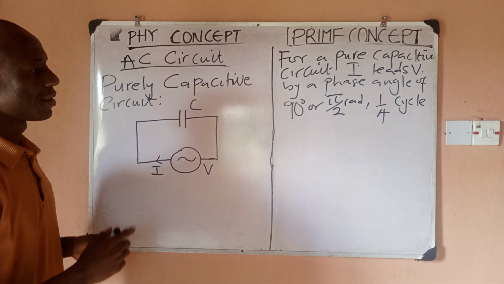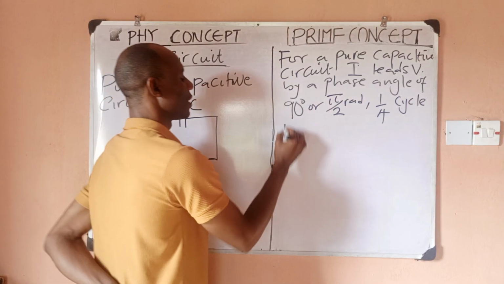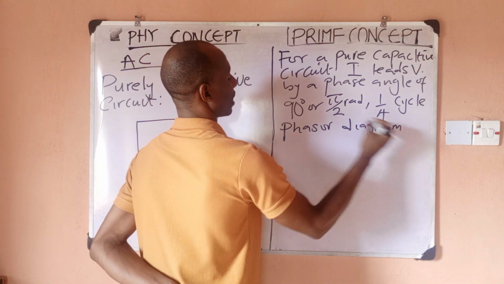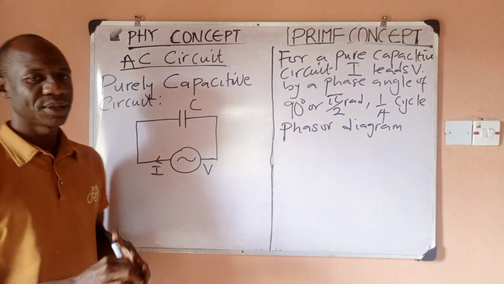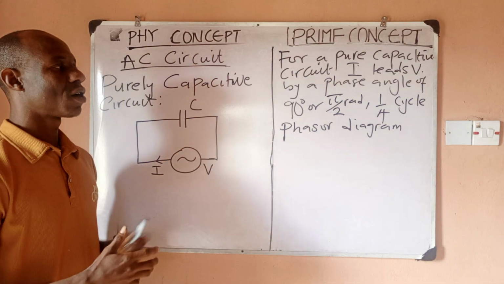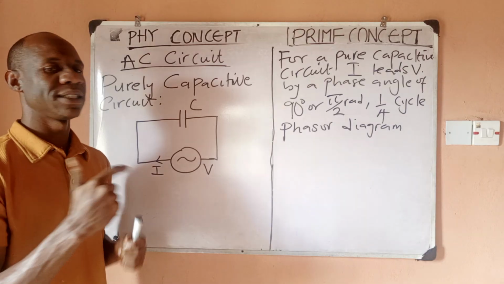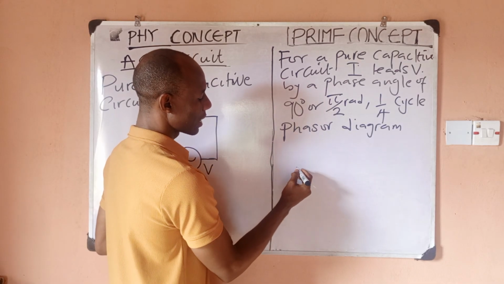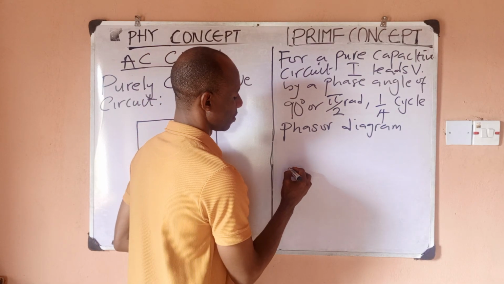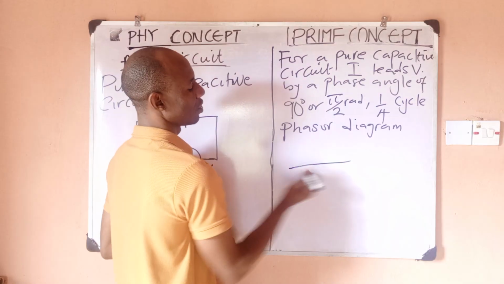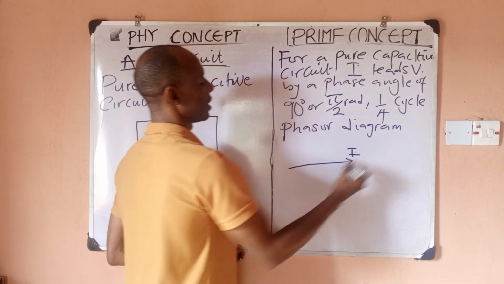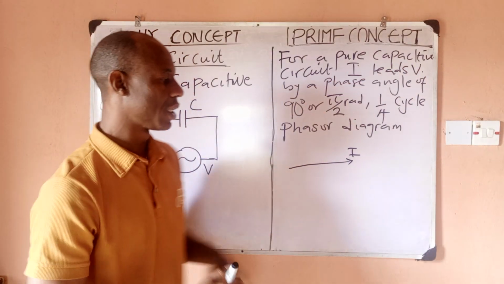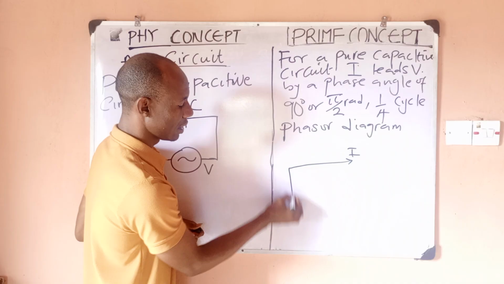Now, if that is the case, the next thing we want to point out is the phasor diagram, or we can call it vector diagram, a diagram that shows us the relationship between current and voltage and how one leads the other, right? In vector form. So quickly, if I make the x-axis, which is the horizontal, my current axis, then since we are saying that current leads voltage, it means that my voltage should be at this point.